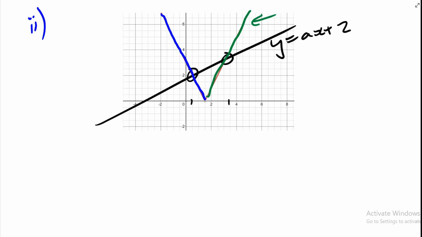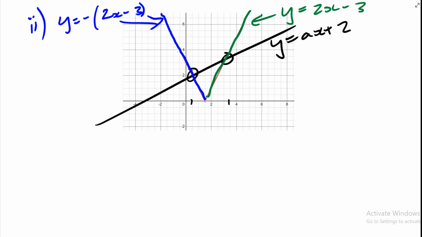This line is just y equals 2x minus 3 because we didn't need to reflect that at all when we drew it. It just stayed as it is. Whereas this one, we did reflect in the x-axis. So this is minus 2x minus 3. So this line is y equals minus 2x plus 3.